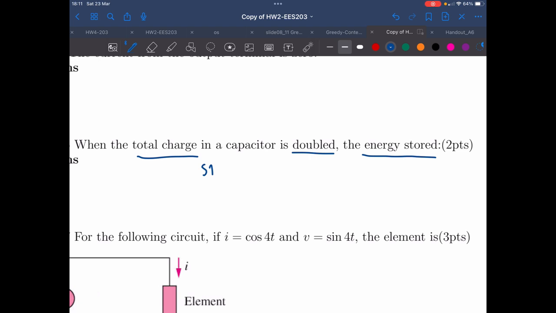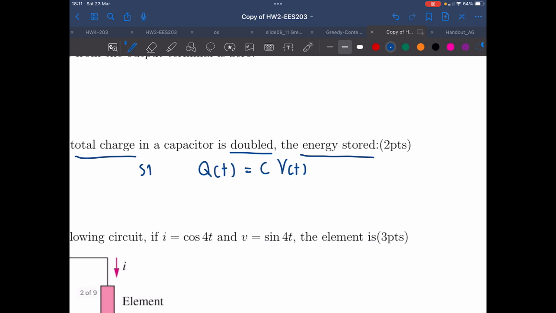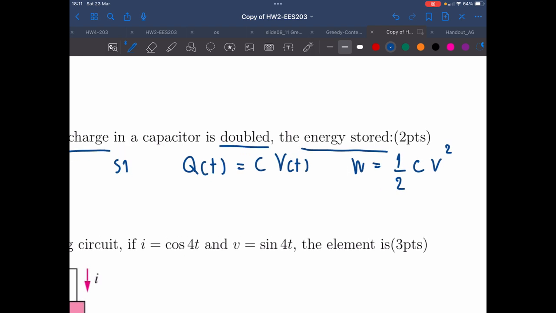Starting with the first equation, Q, the total charge at that time in a capacitor, equals C times V, the voltage applied to the capacitor at a specific time. Another equation is the work or the energy stored in a capacitor at that time, equals 1 divided by 2 CV to the power of 2.